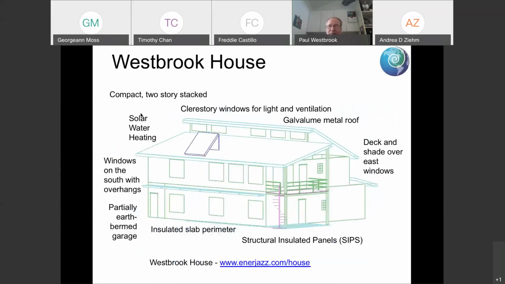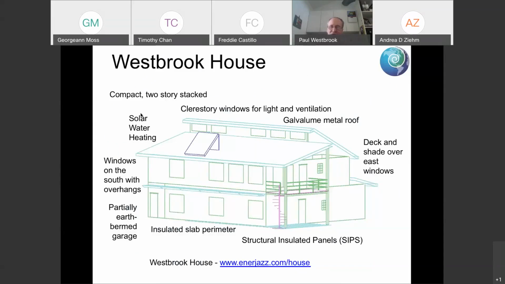So this is my house we built back in 1996, just turned 24 years old last month. The passive features are kind of shown in here, and you can see it's a compact floor plan, 2-story. Most of my windows are on the south with overhang, so I did everything I could.